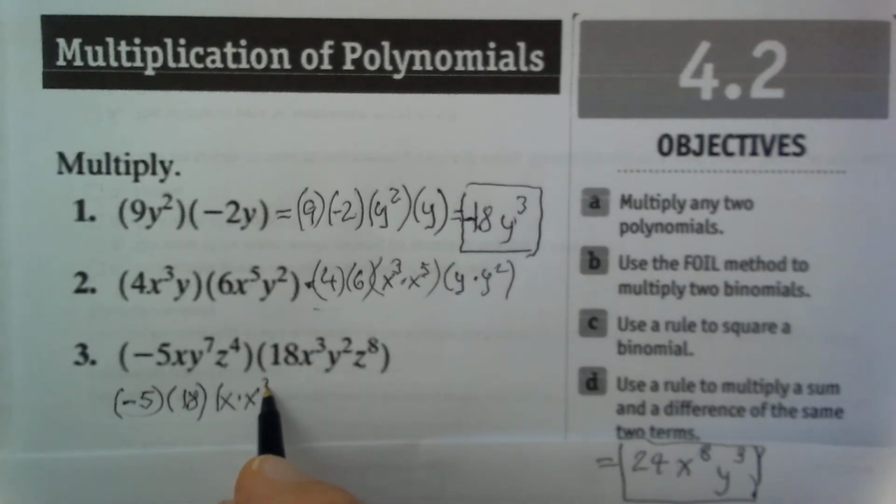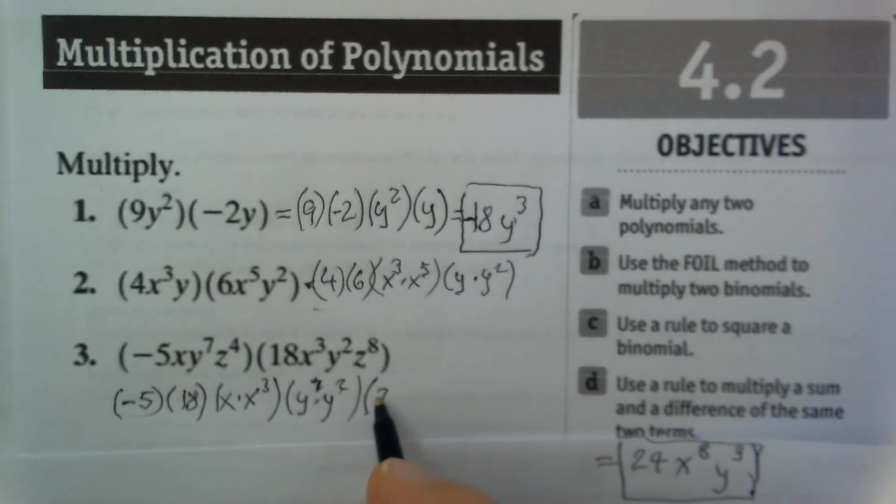Remember, it's all multiplication. And then there's a y to the 7th times a y squared. And then we have z to the 4th, times z to the 4th, times z to the 8th.